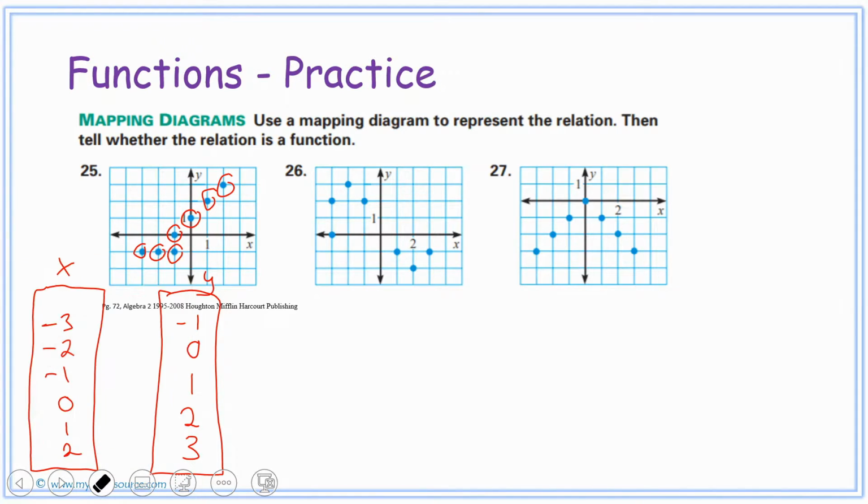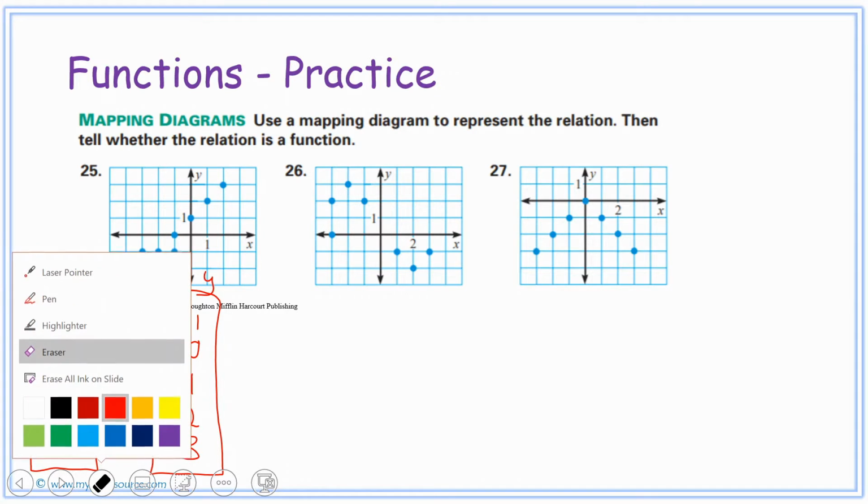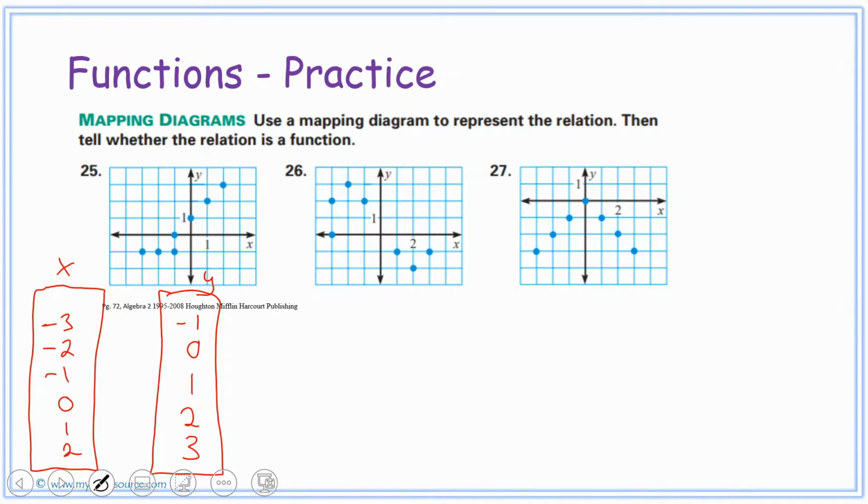All right, so just going to erase this to take away. Okay, so now we just want to map them up. Remember, we had -3, 1. And you know what? I'm going to change the color so it stands out. All right, so starting with this one, let's go ahead and map those values. -3 is mapped to -1, as you see in the first point. The second point, that's -2, -1.